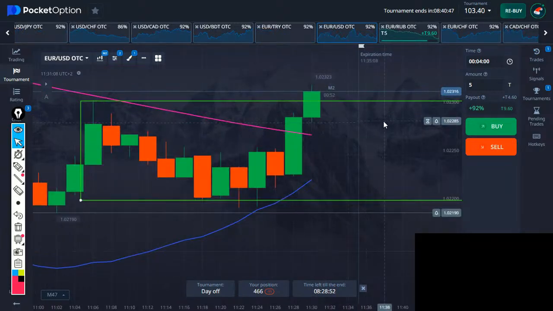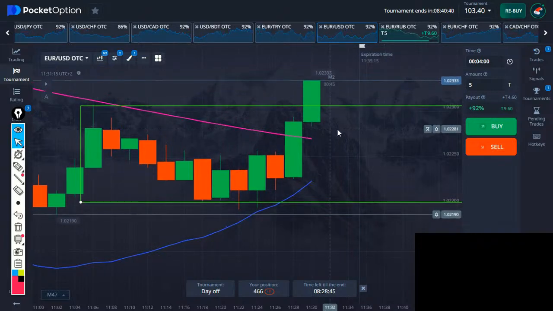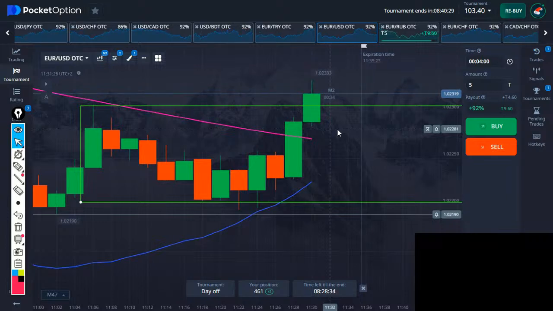Strong. Keep pushing strong. That's it. Beautiful push. Nice push. I'll wait for the last 30 seconds. I need to see stronger momentum.